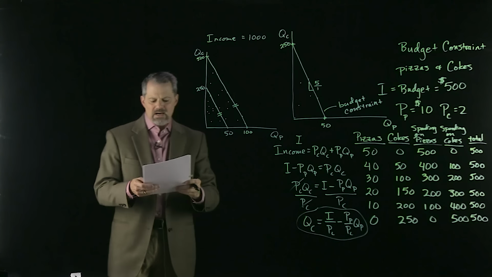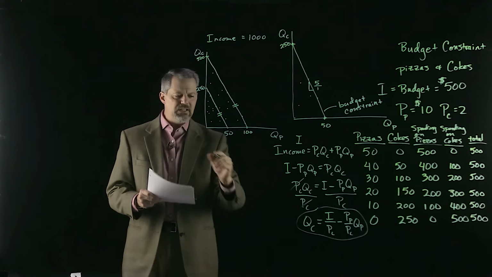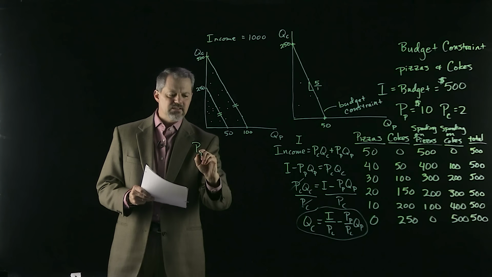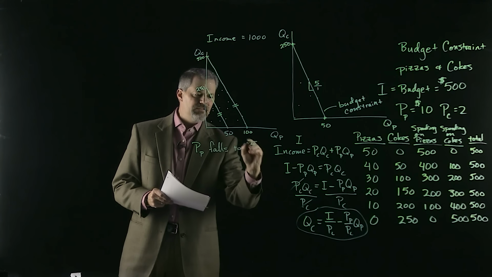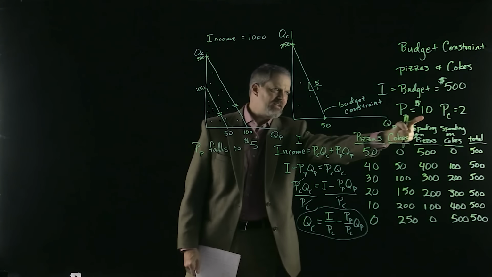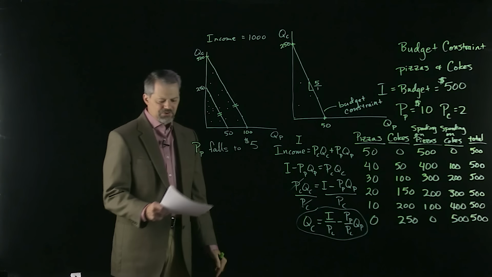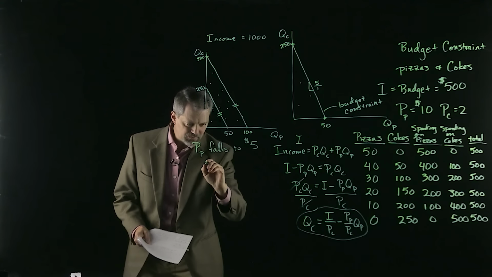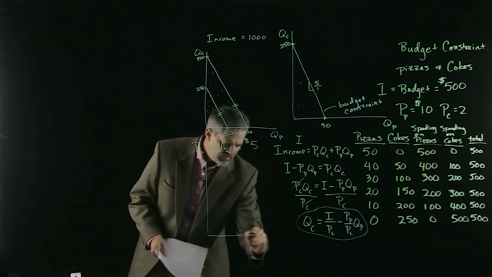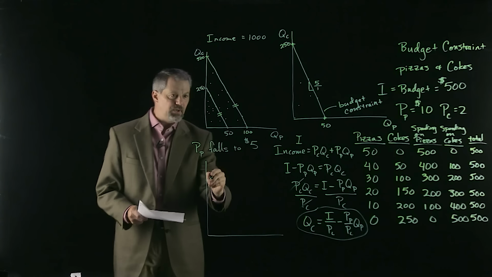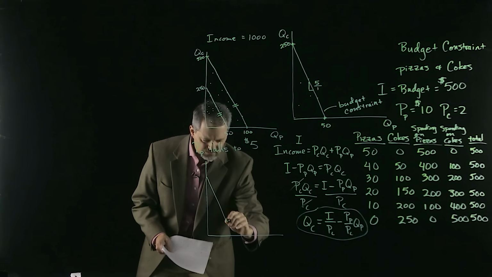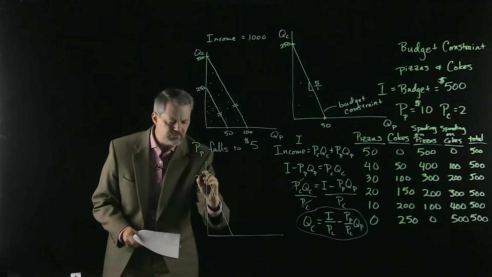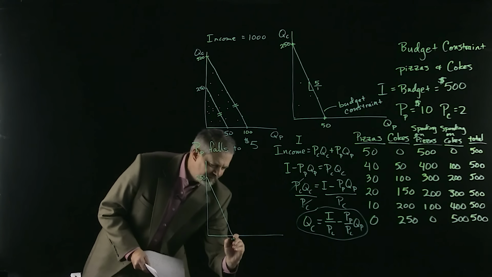So let's suppose the price of pizzas falls to $5. So it started out at 10 and it falls to 5. I'm going to do the same thing that I did up here. I'm going to draw this budget constraint again. So we've got the budget constraint, starts out like this, 250, 50.